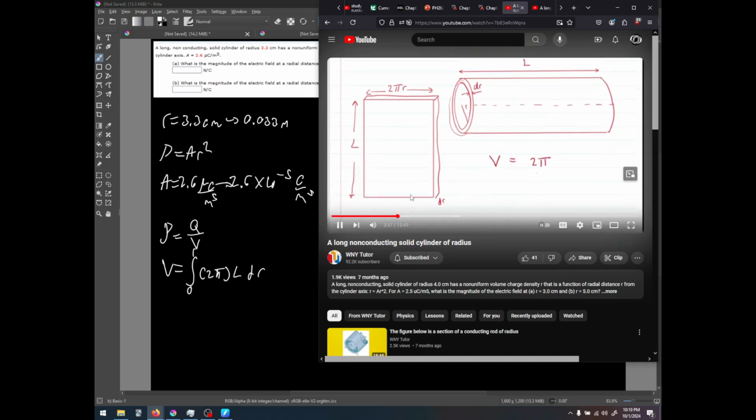And we're going to have 2 pi r multiplied by L multiplied by dr, that's going to be the volume of this cylindrical shell.